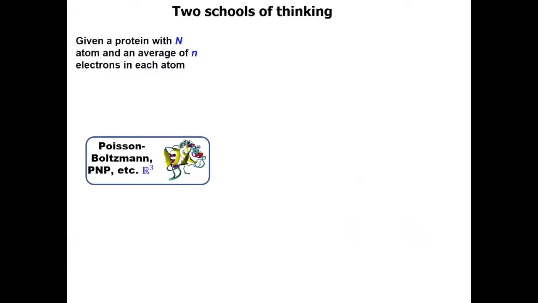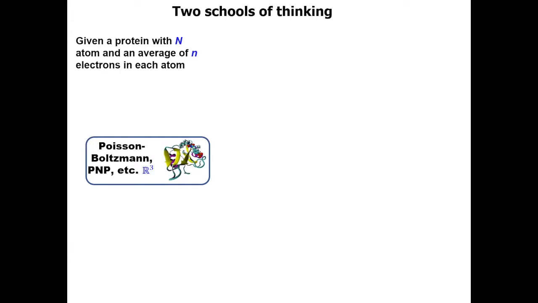There are two schools of thinking, and actually two wonderful, powerful methods to do it. One is to say, if you are just given a protein with n atoms, typically 5,000, each atom has a little n electrons, say little n is 10. So we are dealing with the density, using a different method.